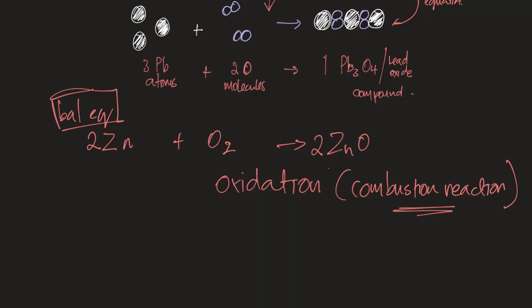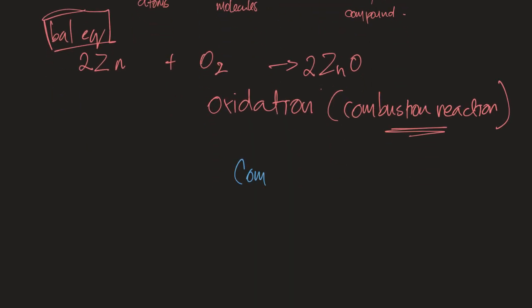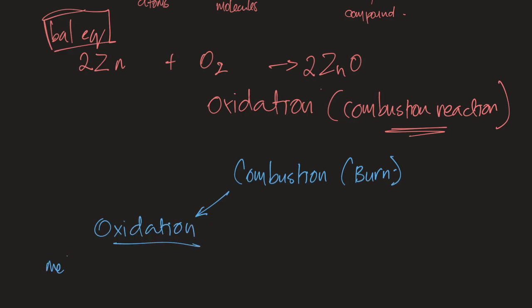You could have something called combustion, and you should know by now that combustion means to burn something. Type number 1 is called oxidation. And how do I get oxidation? I must have a metal or non-metal plus oxygen. The other type is a normal basic combustion.